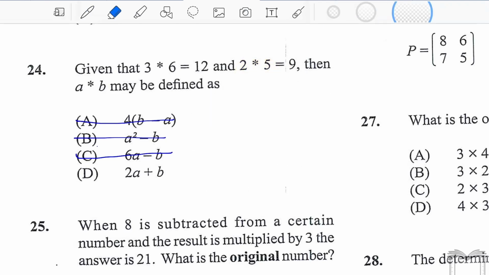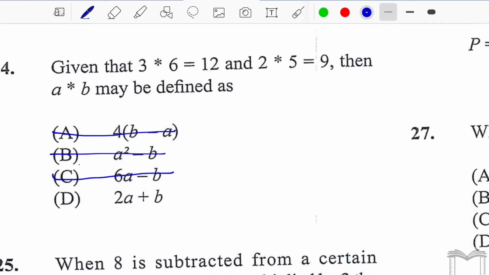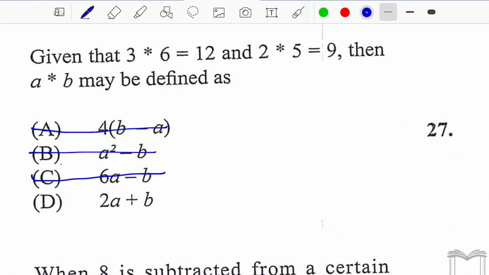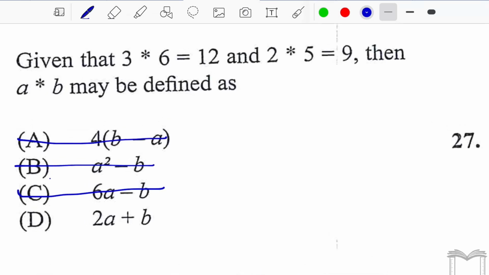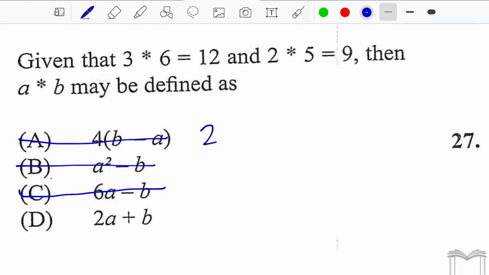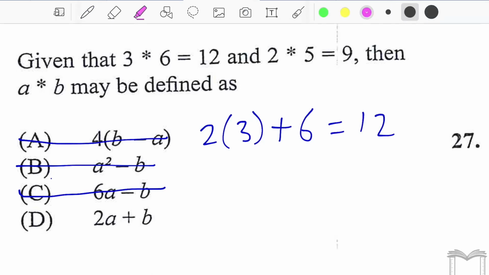So let's erase all of this working here. I will leave only the correct answer. 2a plus b. So for the first one, that will be 2 times 3 plus 6. 2 3s are 6. 6 plus 6 is 12.